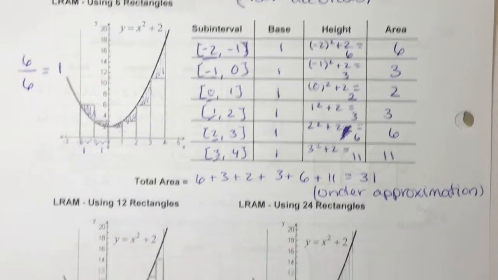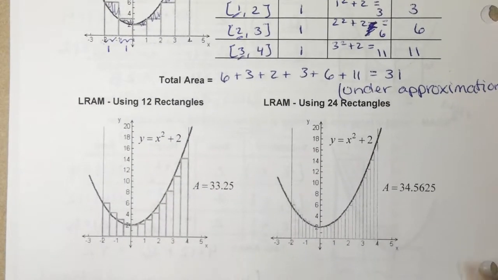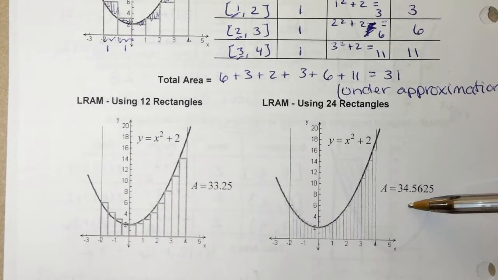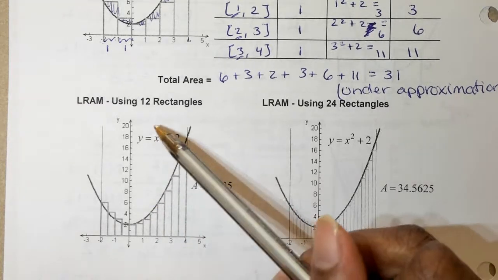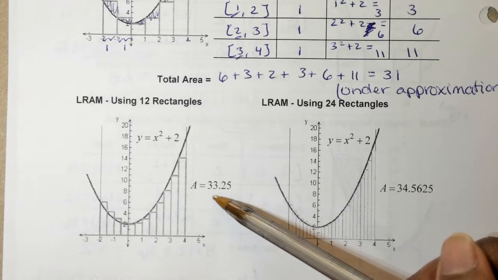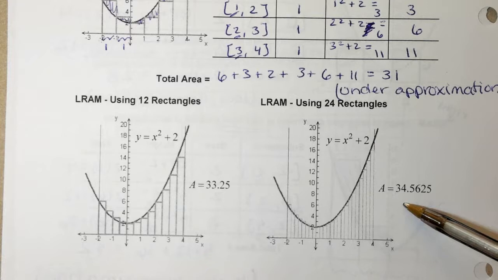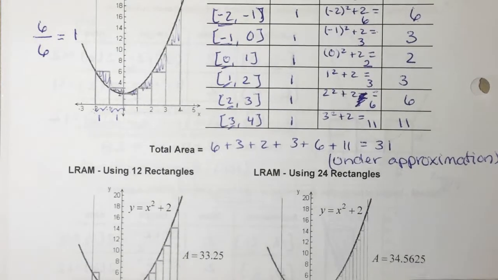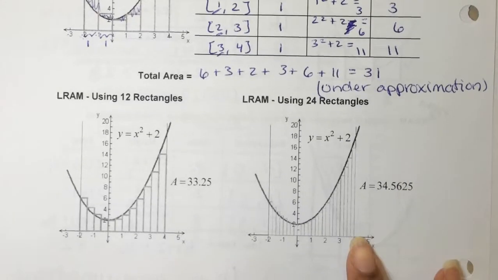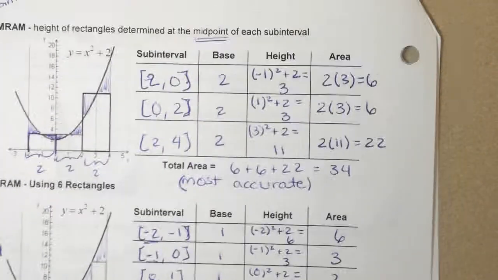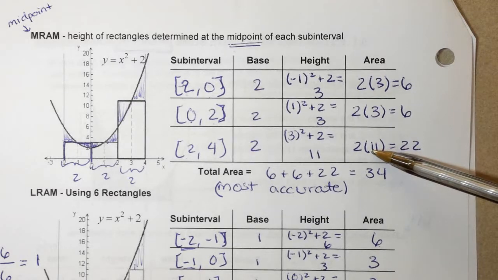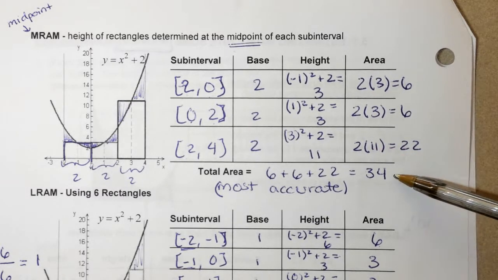Right, and the more rectangles we use, the closer we get to a more accurate area under the curve. So if you see we use 12 rectangles here, we get an area of 33.25. When we split this into 24 rectangles, we get an area of 34.56. And this area is actually a lot closer to the midpoint Riemann sum that we used, and we only had to use 3 rectangles for that.